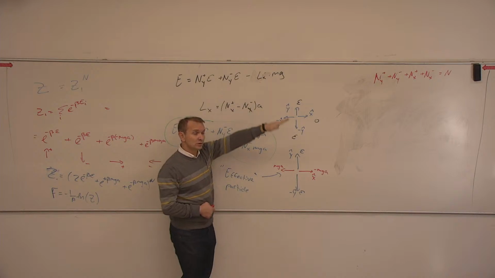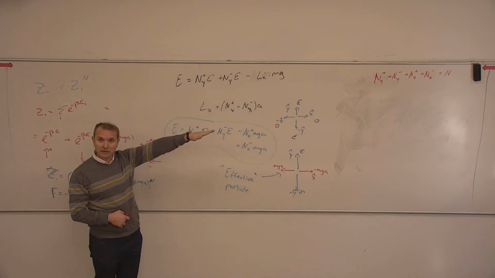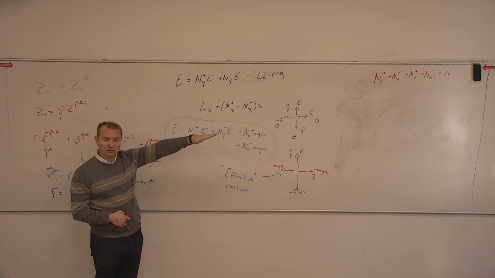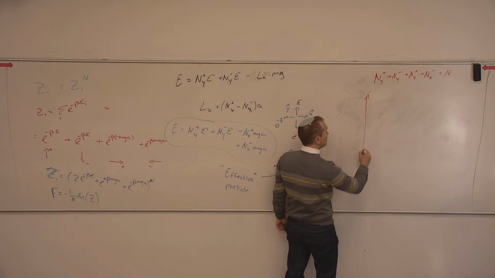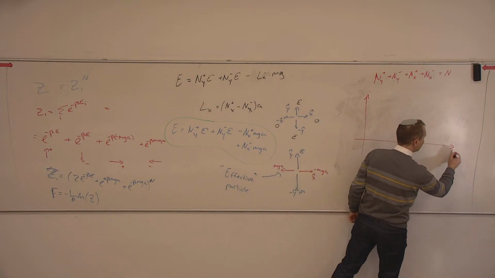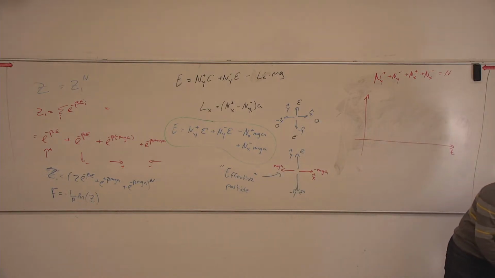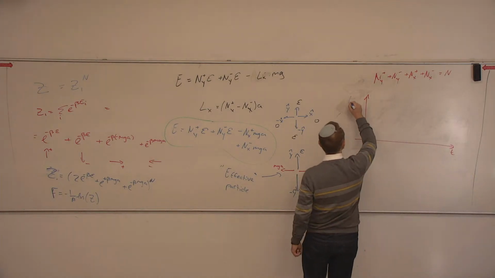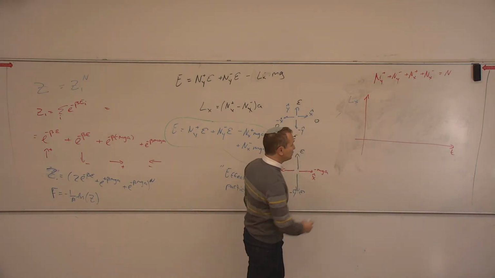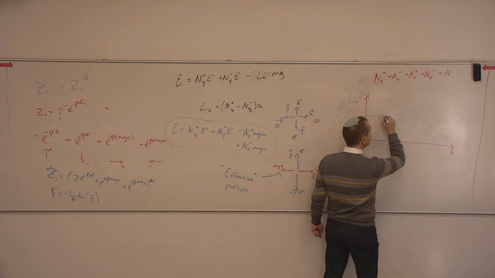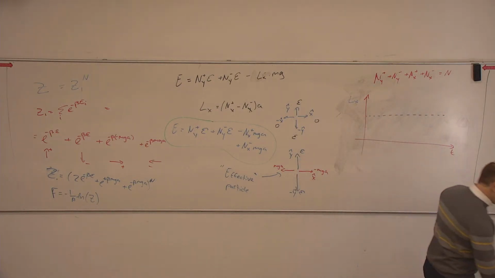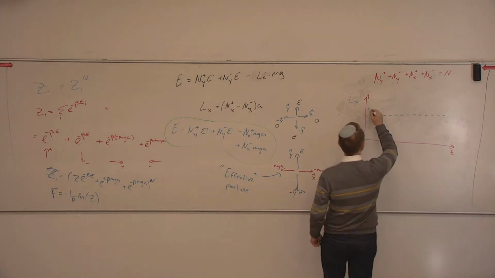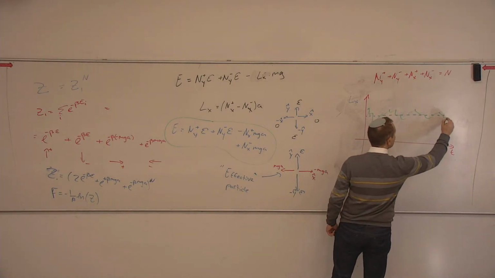Yes, sure. You remember, Lx is fluctuating, as any other observable in the system. If I look at Lx as a function of time, this is my t, it won't be constant. It will fluctuate around some specific value, like this.